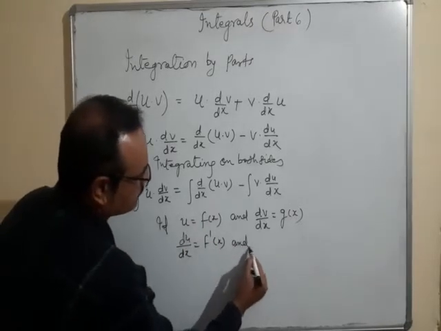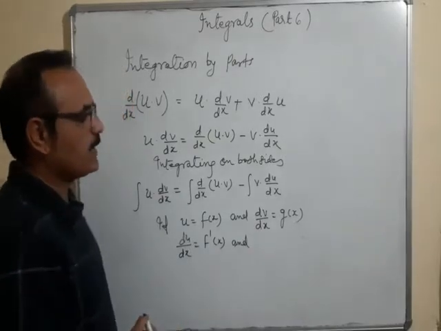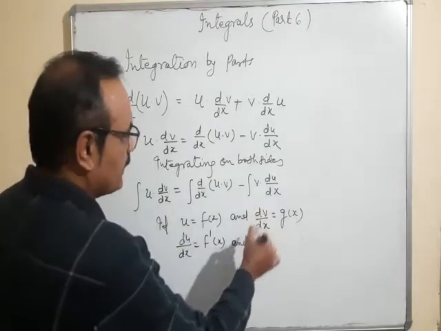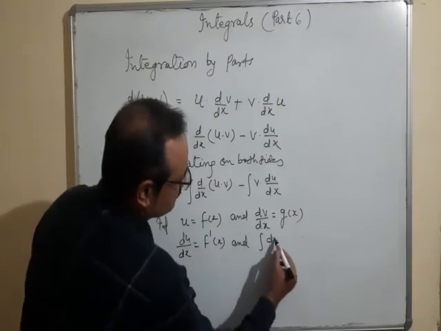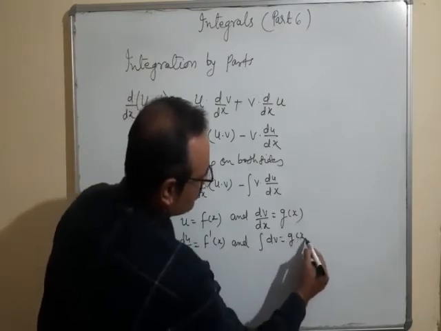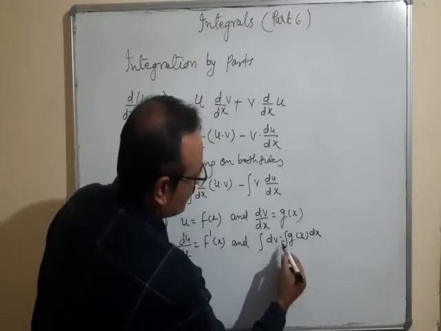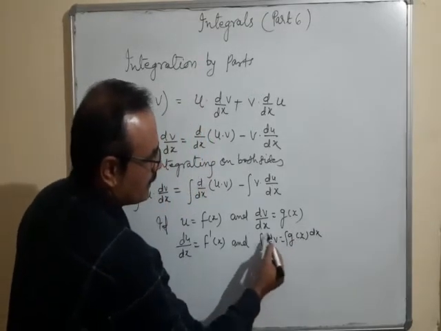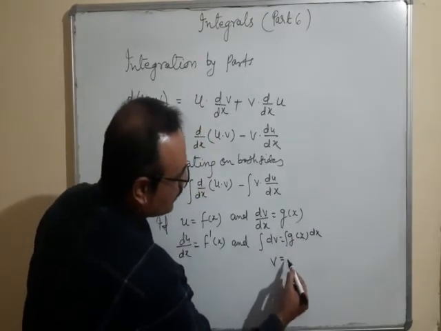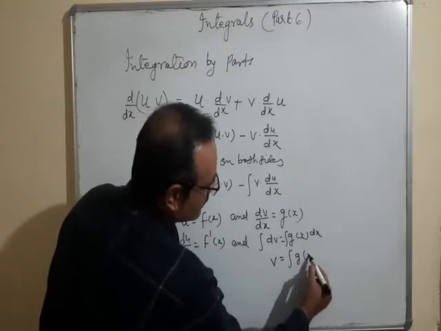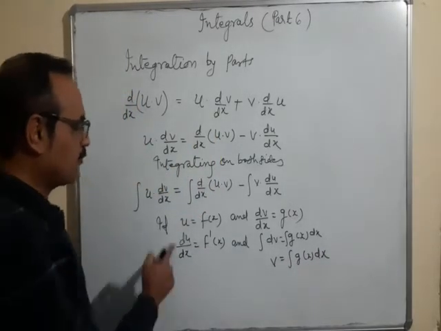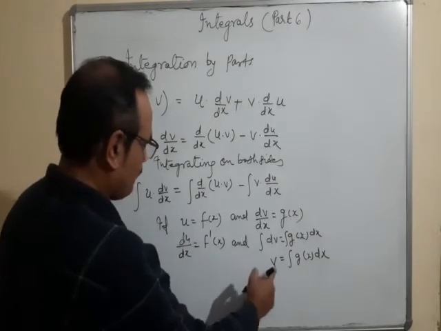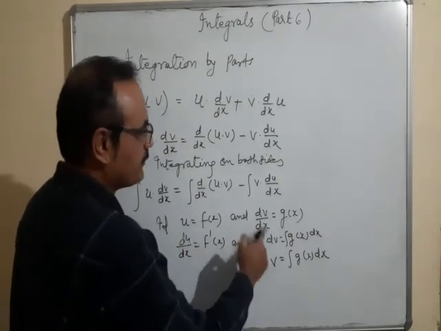And dv by dx is equal to g of x, so dv is equal to g of x dx. Integrating on both sides, the integration of dv is v, equal to integration of g of x dx. Now we are getting all four values, u, v, du by dx and dv by dx.